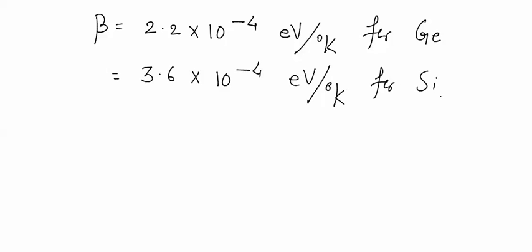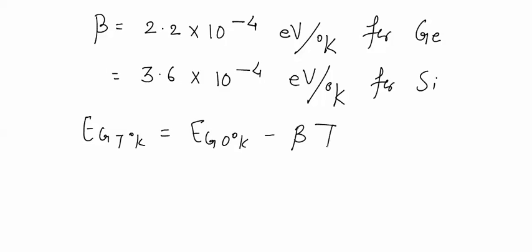Now, with the knowledge of this equation, Eg at T degrees Kelvin equal to Eg at 0 degrees Kelvin minus beta into T, we can calculate forbidden energy band gap at any temperature T.